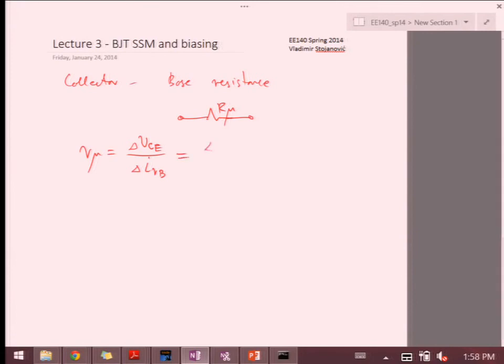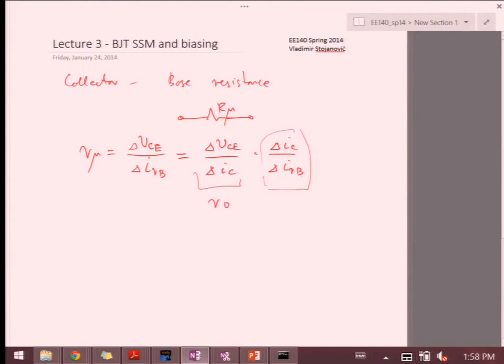So that's delta VCE over, now I can just manipulate this, and essentially to try to figure out what is, so this I know what it is. That's R naught. And then here I'm trying to figure out the ratio of the change in IC versus IRB.